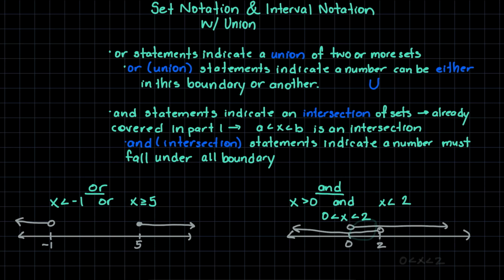And this area right here is where I satisfy both of those conditions, which is why it ends up being written 0 less than x less than 2, or x is strictly between 0 and 2, because you have to satisfy both conditions. So today we're going to focus on unions because we've already covered intersections, but you will see some intersections come back in with the unions. So let's get started.